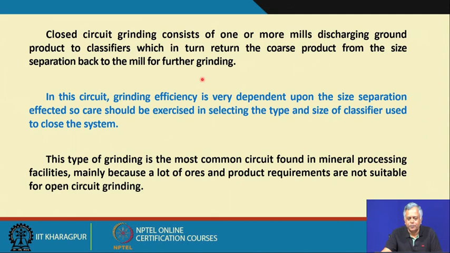That is, we have already discussed it: you have got a mill, or you may have a series of mills, and the product, what is coming out in the form of slurry, we are sending back to a classifier to check whether my particles are ground to the desired size or not.